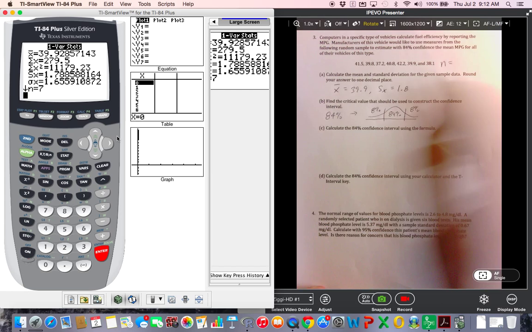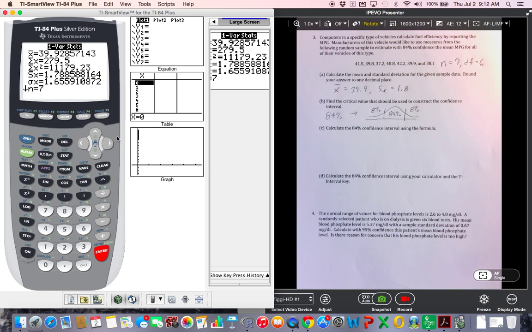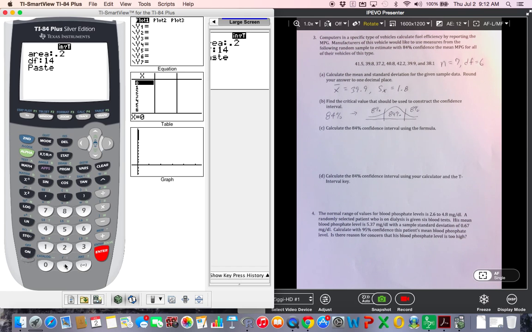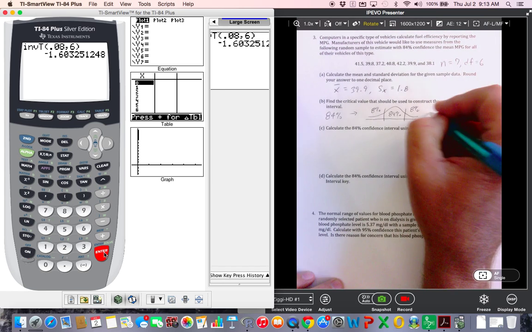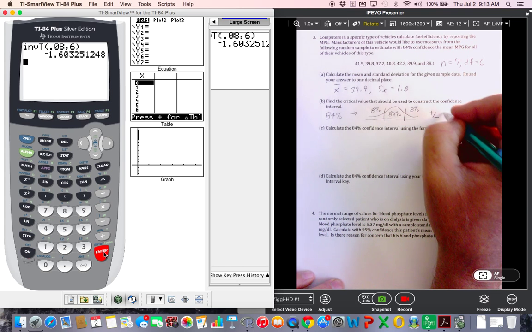Notice that I have n equals 7, so my degrees of freedom are equal to 6. So I'm going to go second function distribution, inverse t. Area to the left is 0.08, degrees of freedom 6. So my t critical is going to be plus or minus 1.603.